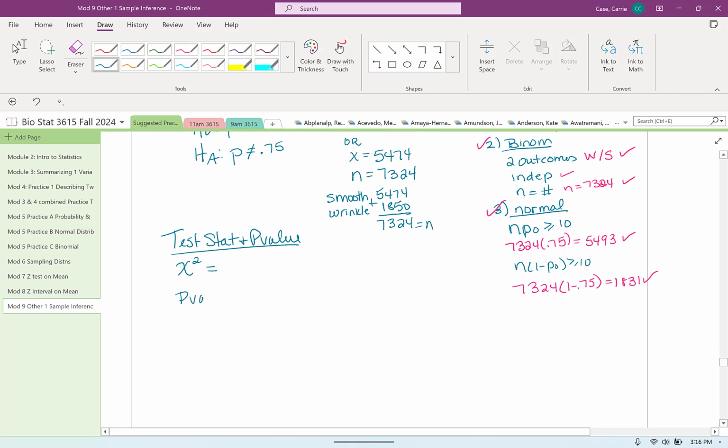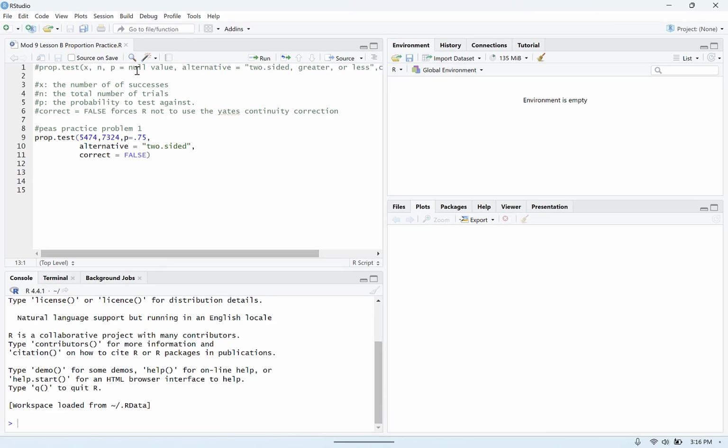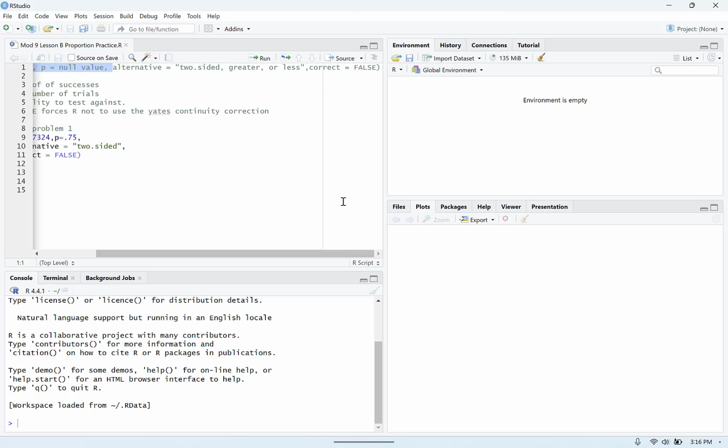And we also need our p-value. So let's move to R and do that. So let me close this down. Go to R. And I'm going to do a one proportion z-test. We need to put in x, n, p, which is our null value. We need to put in the alternative, which is either two-sided, greater than, or less than.